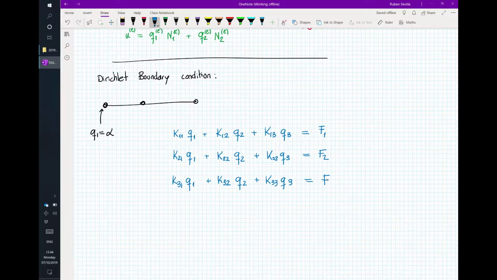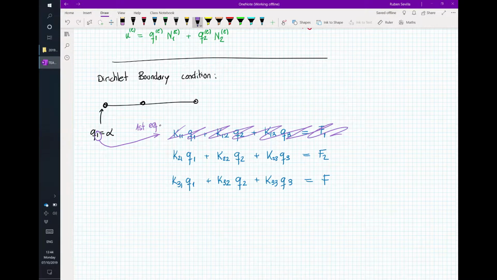But now you say, careful, because this guy here is known. Q1 is known, right? If Q1 is known, it means I'm going to cross out the first equation. I don't need the first equation because the value of Q1 is known. That's what I'm saying, okay?